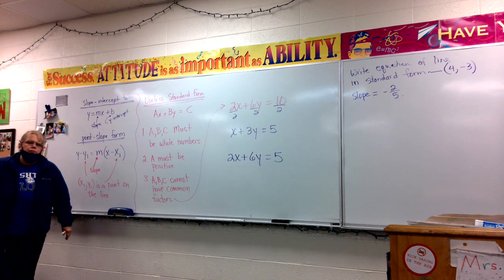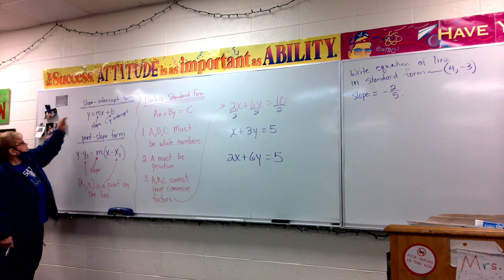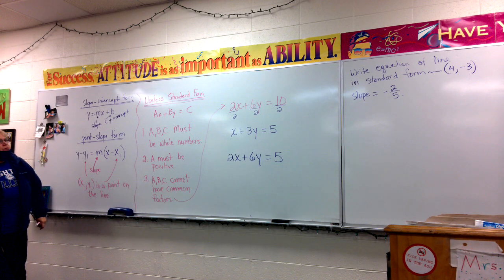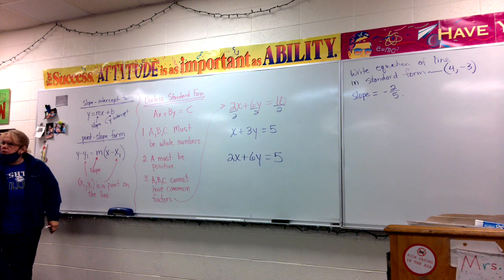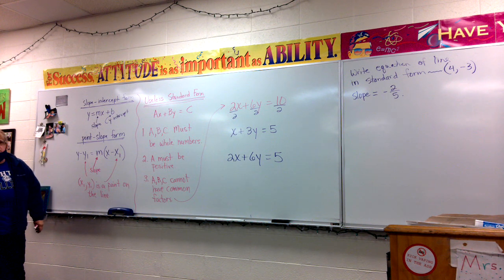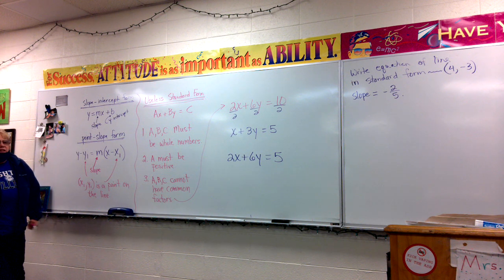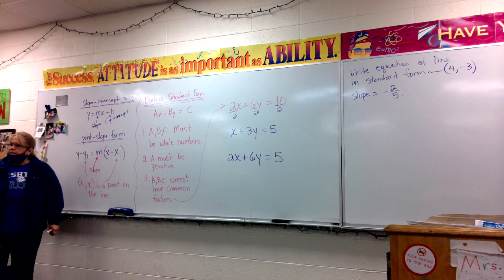Which one do you think we should use? Slope-intercept or point-slope? What do we know? Do we know the y-intercept? We know a point on the line, and we know the slope.